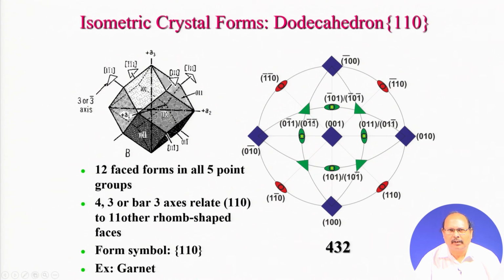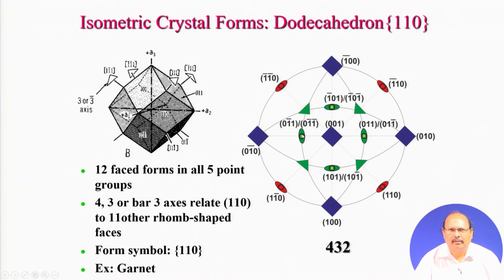So, this -1 that you see here, in the position of the A3 axis, means that it has intersected the negative direction of the A3 axis, and this position I have shown with this cross here.